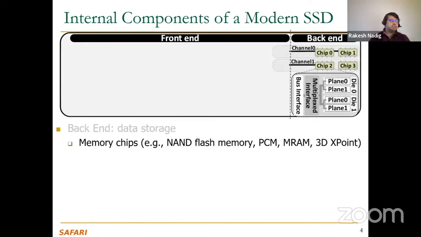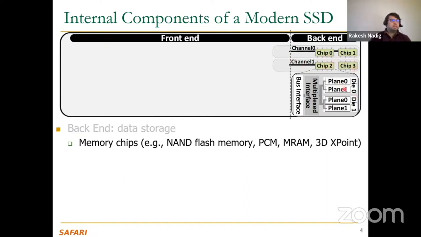These can be NAND flash memory based chips, or PCM chips, or something like 3D XPoint packages, which are quite new. These memory chips are connected through a shared channel, and there can be multiple shared channels within the SSD, and a number of flash chips are connected to each shared channel.